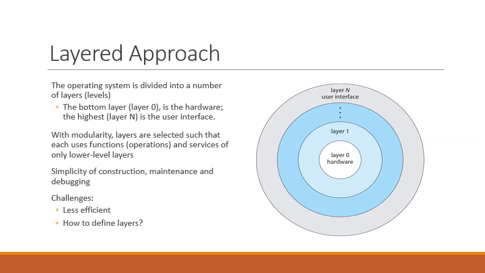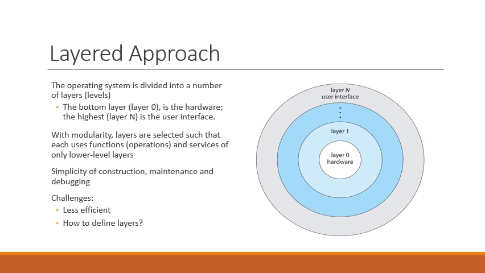Another challenge to this scheme is reduced performance. System suffers from inefficiency. For example, if user application at layer N issues an IO call, then the system call will be trapped to the IO layer, which is below the user interface layer. This IO layer will call the next layer, that is the memory management layer.